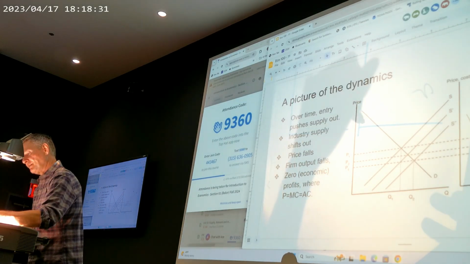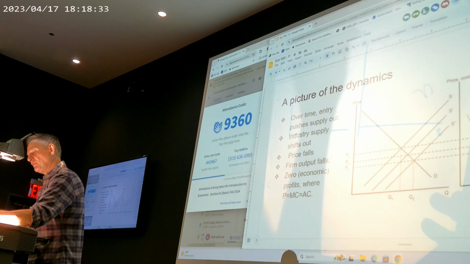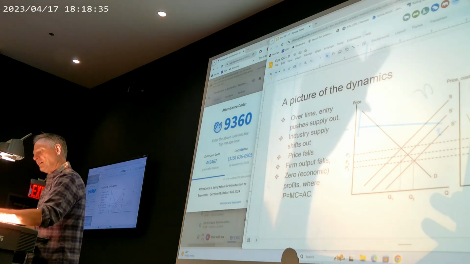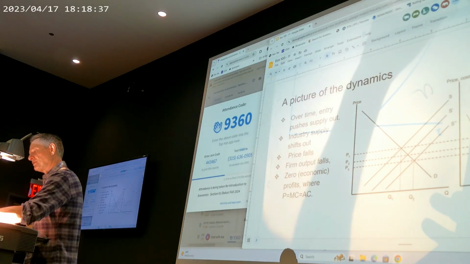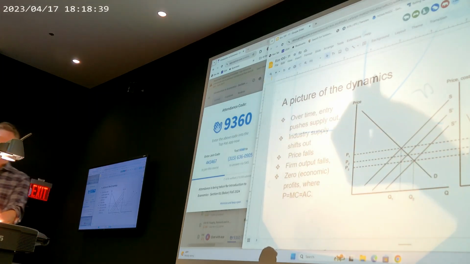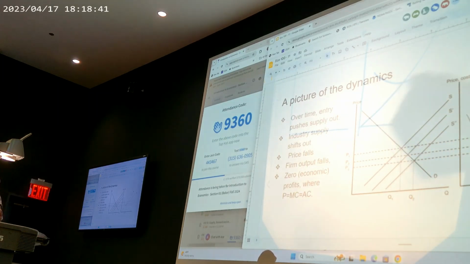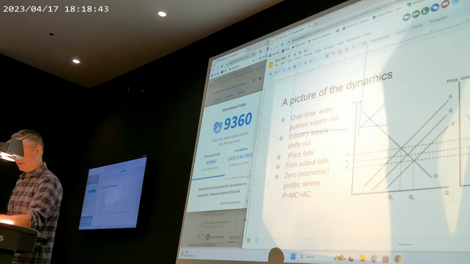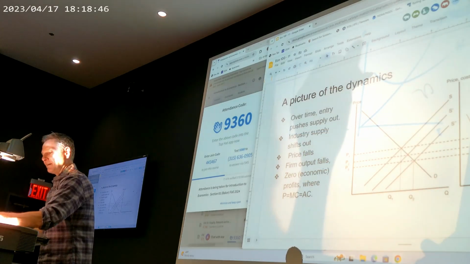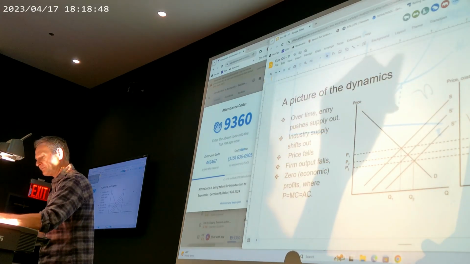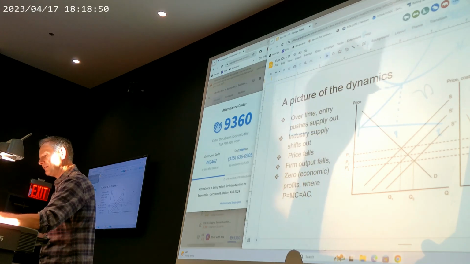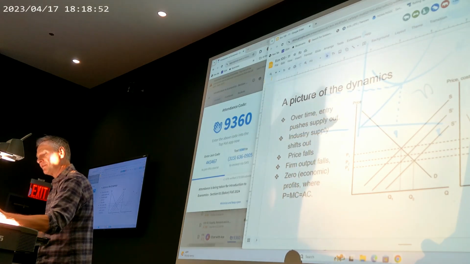So I'll draw, let's see, here's my little q, p. I'll draw marginal cost. I'll draw an average cost curve here, like that. Nicely done, right? And then we'll go over to this diagram.